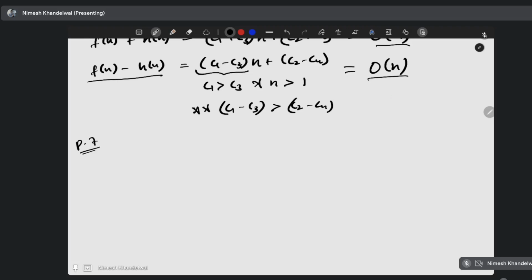Right, so let us take the next problem. So, what strategy or approach does merge sort use?